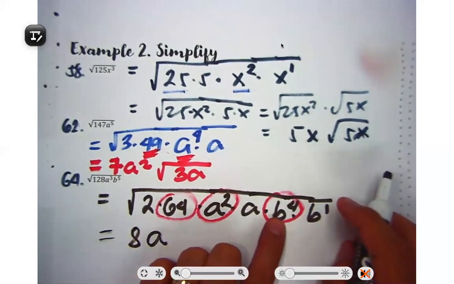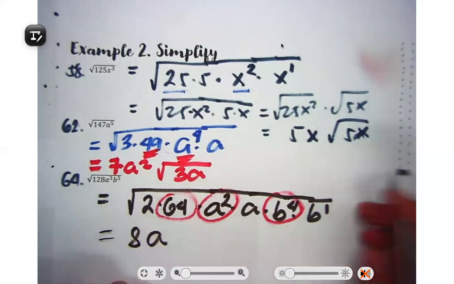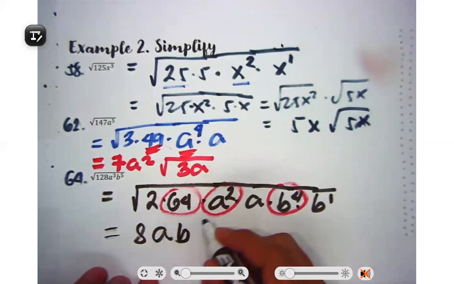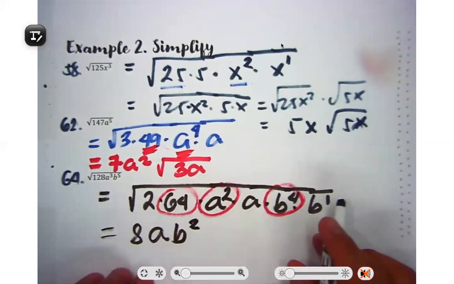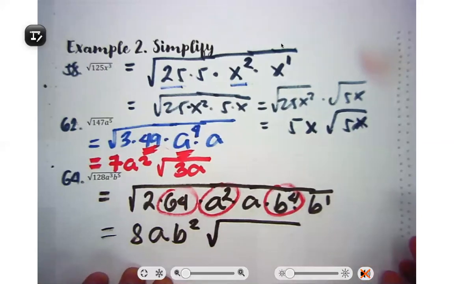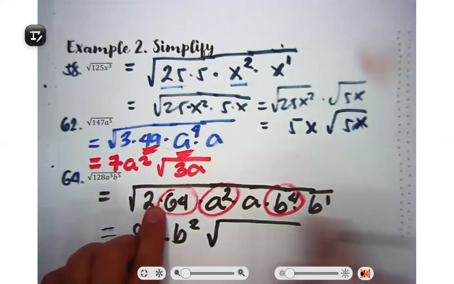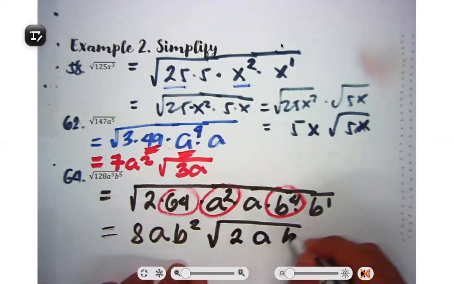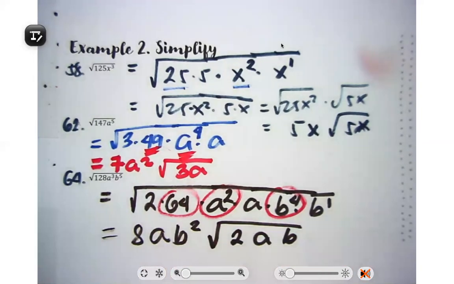And then b raised to 4, b squared. 4 divided by 2 is 2. We have b squared. And what's there to write inside the radical? You have 2ab. So you have 8ab squared times the square root of 2ab.